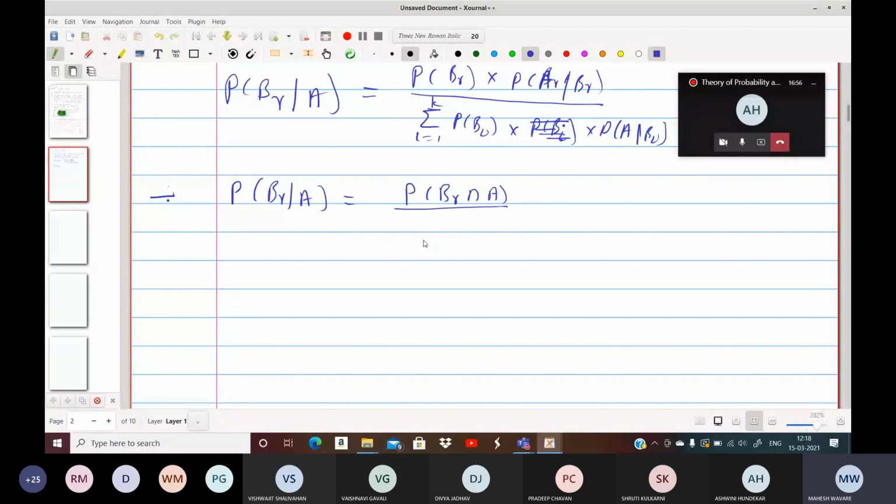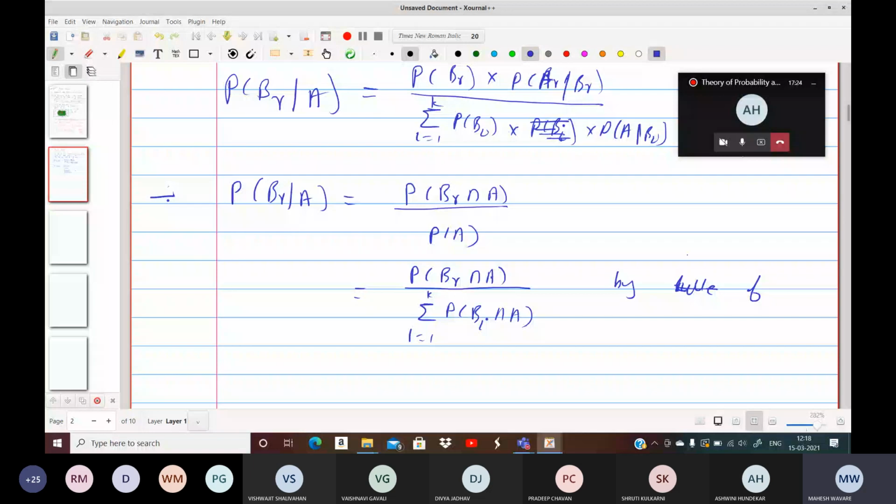This probability of A you should write by the rule of elimination, and the numerator is by the definition. For the numerator I will write it as it is, Br intersection A. And what is the probability of A? It is the summation over i from 1 to k of the probability of Bi intersection A by the rule of elimination.